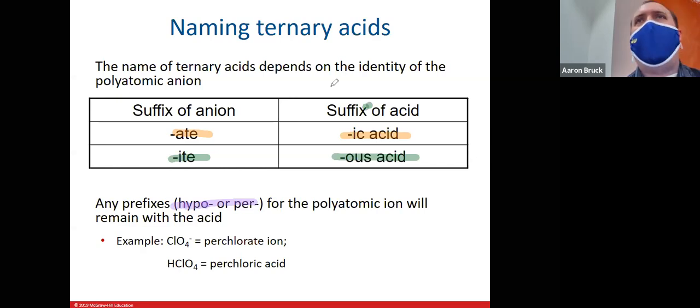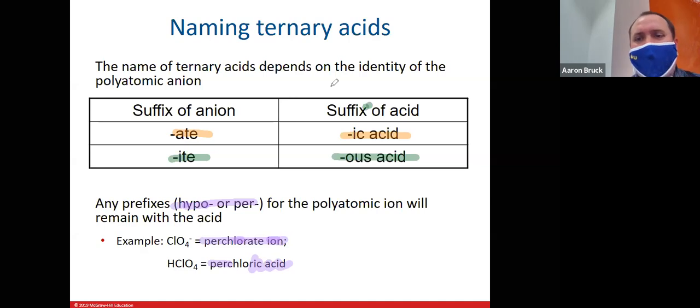So perchlorate ion is a good example. It's on your polyatomic ion list. Perchlorate ion, nothing happens to the per. We just change that ending to -ic acid. Perchlorate turns to perchloric acid. That's all that we do.